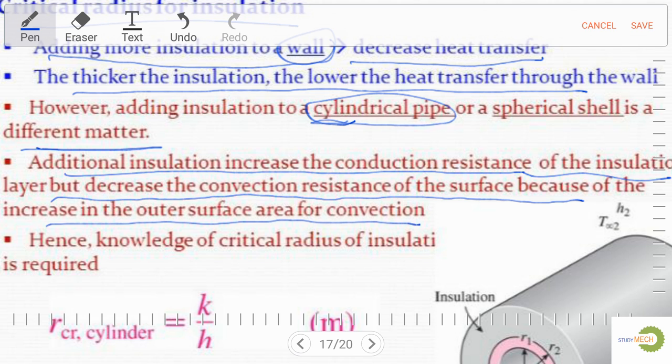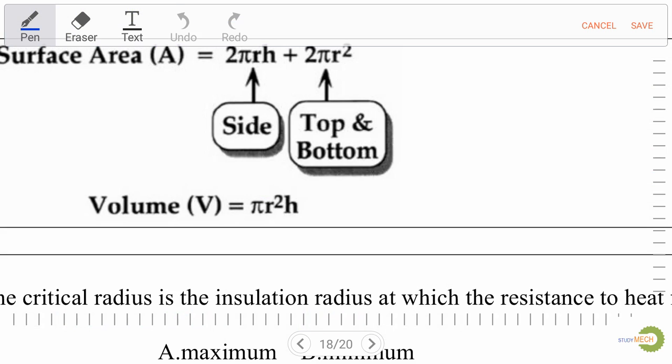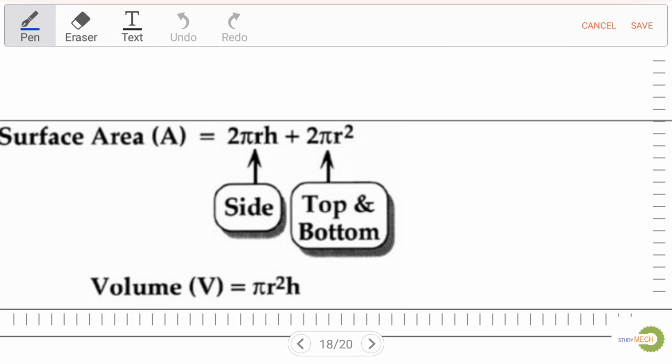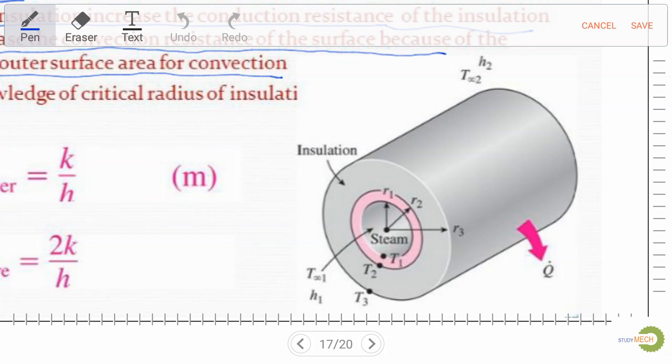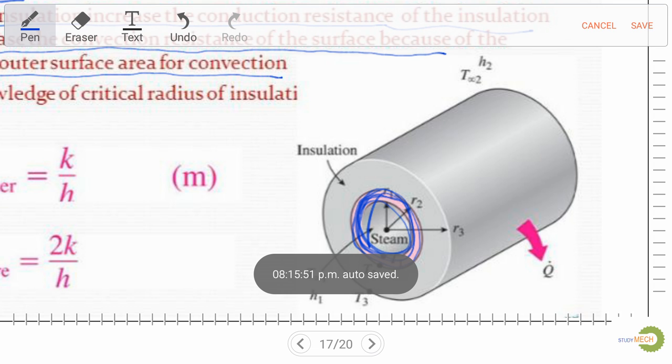Now let's check how it increases the surface area. First of all, let's check this figure. The pink portion is our pipe, and on this pipe we are adding this insulation.